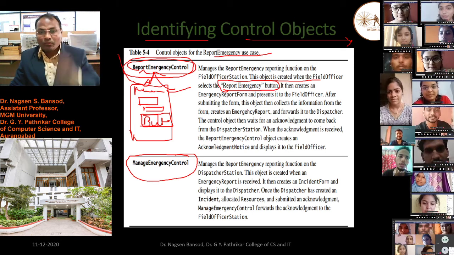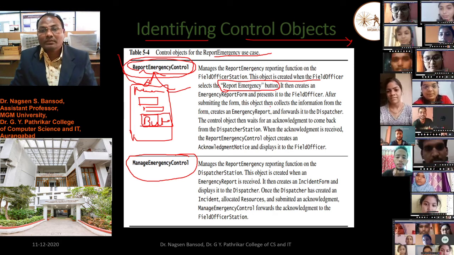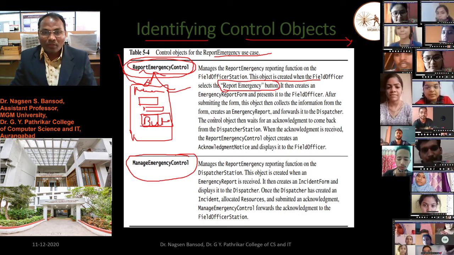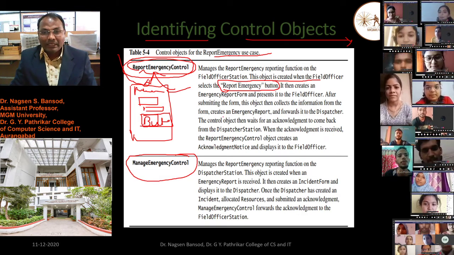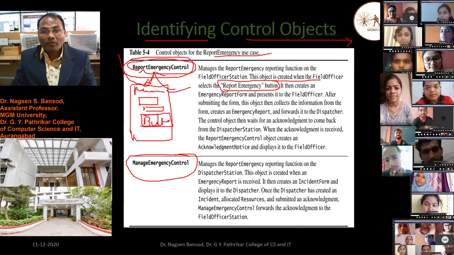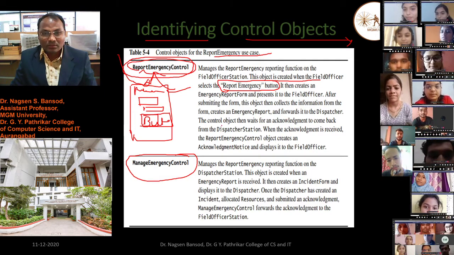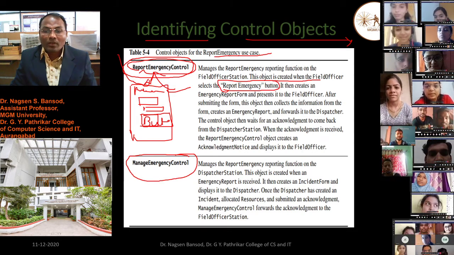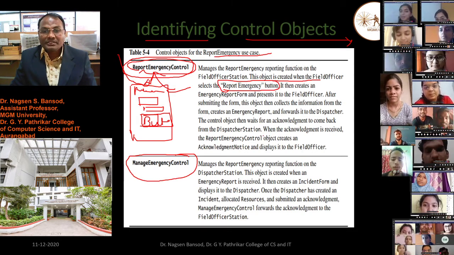After submitting the form, this object collects the information from the form, creates an emergency report and forwards it to the dispatcher. The control object then waits for acknowledgement to come back from the dispatcher station.